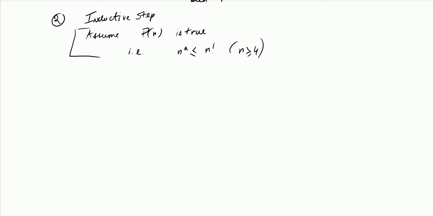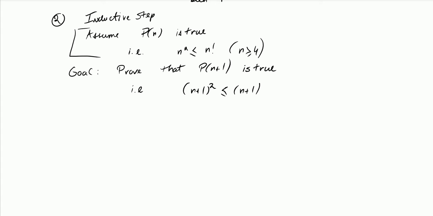So this is what I'm assuming. Now my goal is to prove that Pn plus 1 is true, i.e., that is, I'm trying to show that n plus 1 squared is less than or equal to n plus 1 factorial.